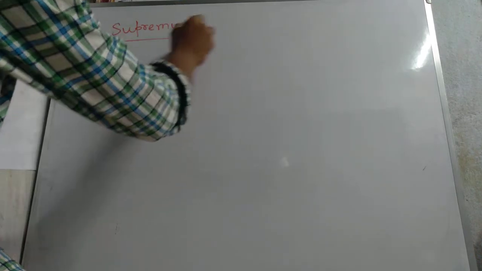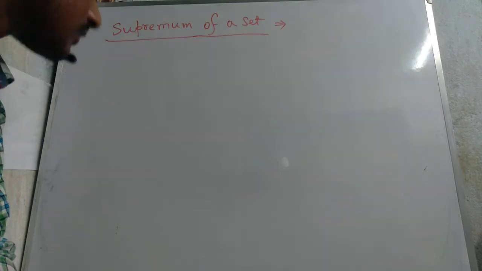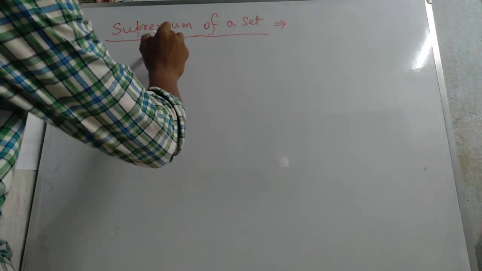Now we write this definition of supremum first, the supremum of a set, or least upper bound. Suppose first we construct it in this way.